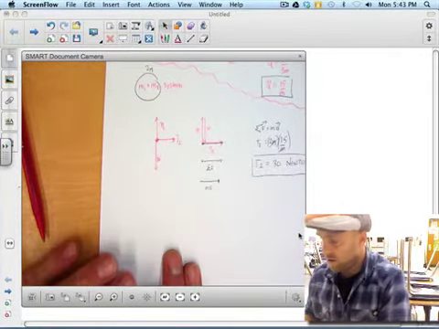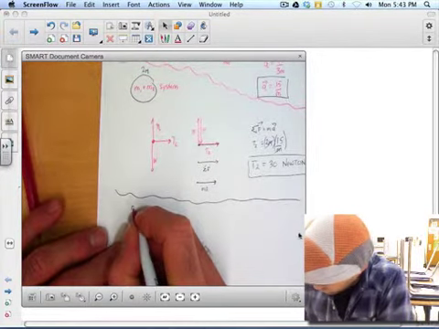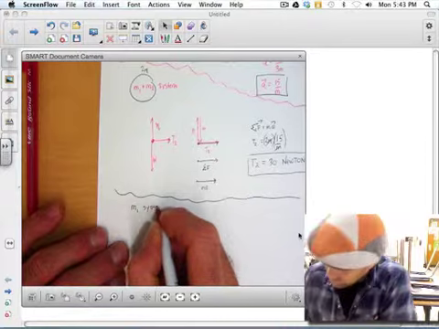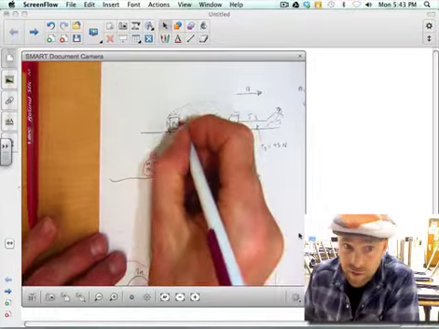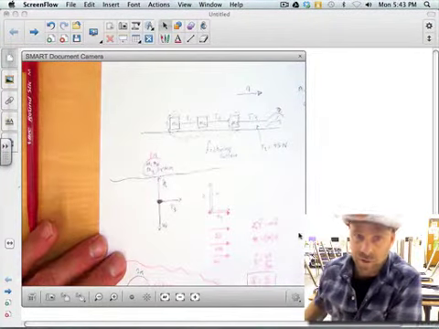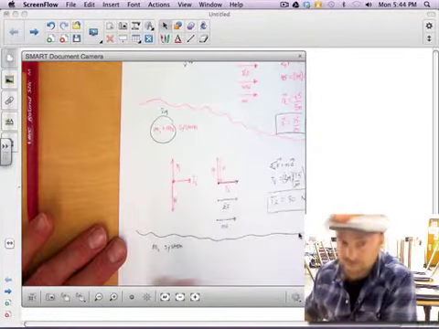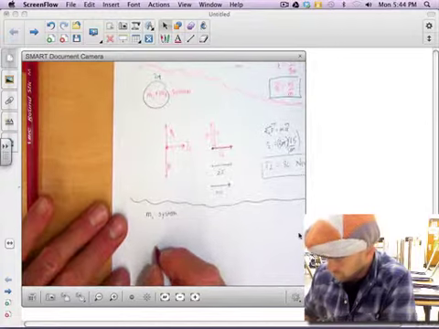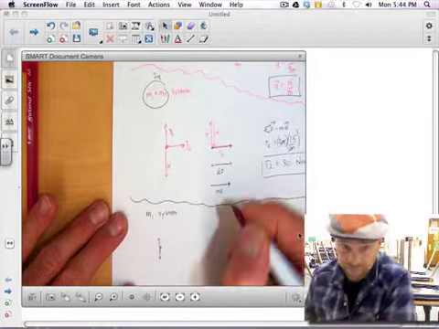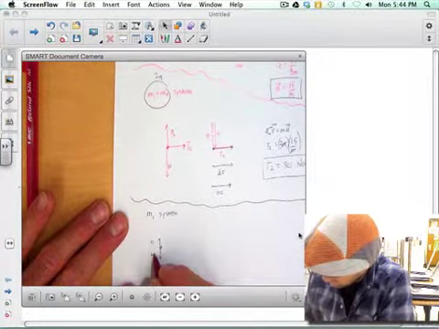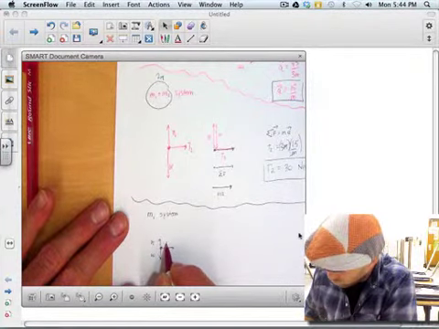Maybe I'll make M1 my system now. So this is M1 system. So that's just this little dude down there. So here, I'm talking about this mass here in our original picture. Just that mass is our system now. And the force diagram is going to be weight, normal force, and then you got a force to the right, we're calling T1 due to rope 1.